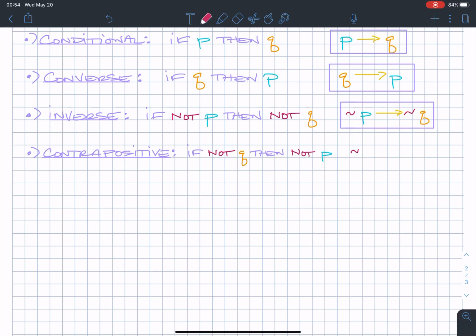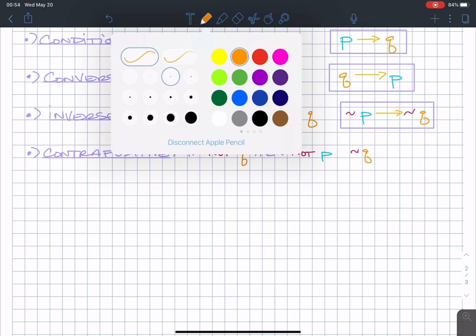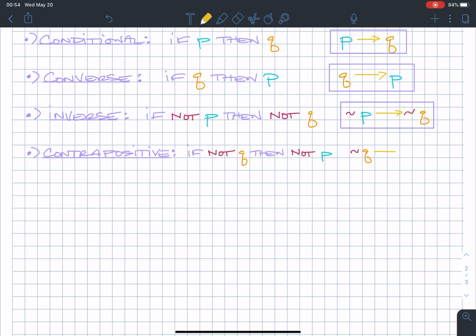So not Q, and I'm going to use a word that I haven't yet used. I'm going to say implies, not P. Because the if then can be said more concisely as P implies Q.